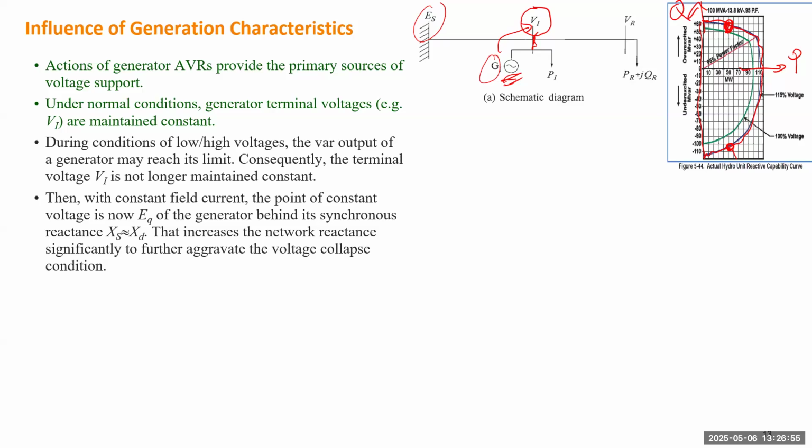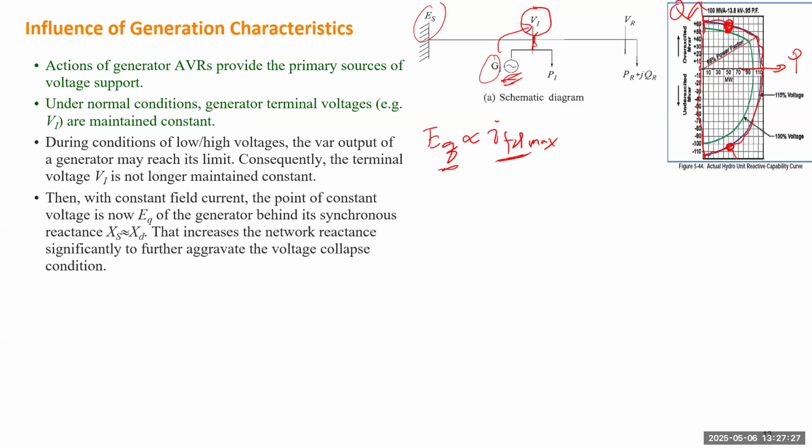Right now the constant voltage will be EQ, because EQ is basically proportional to the field current, right? Remember EQ is basically proportional to IFD. So when the exciter reaches the limit, IFD will become constant, and it will operate at the limit.